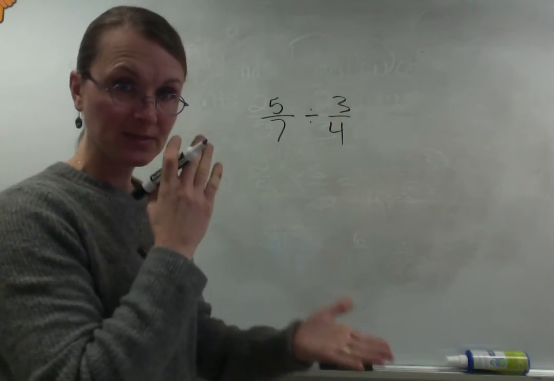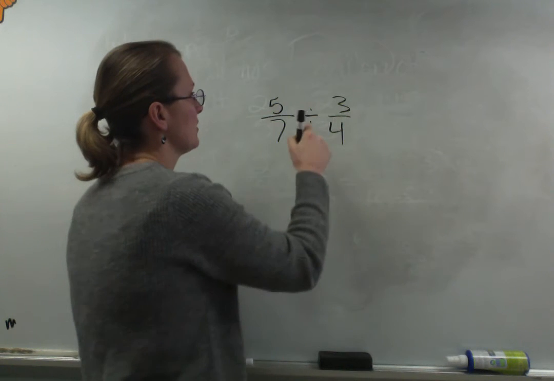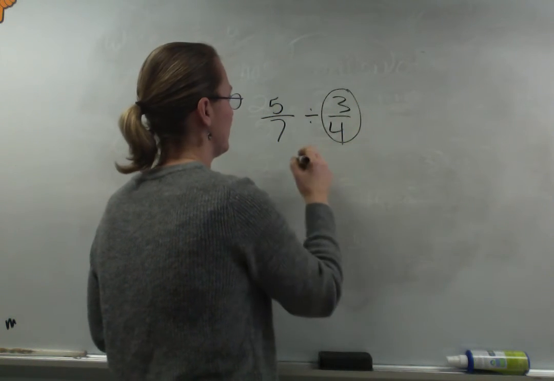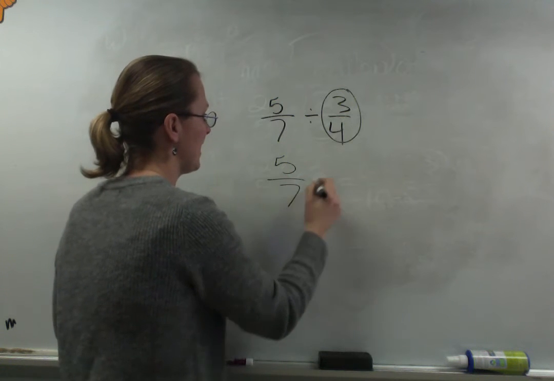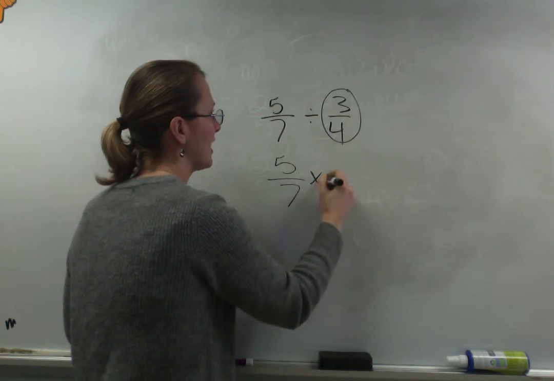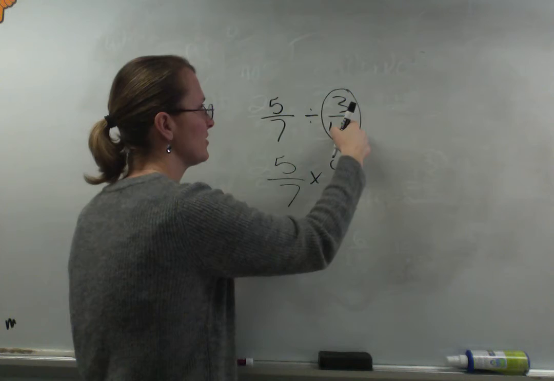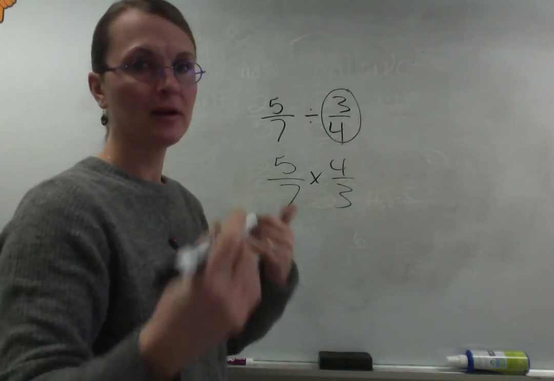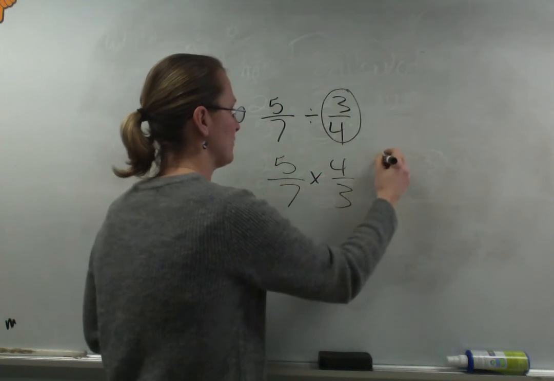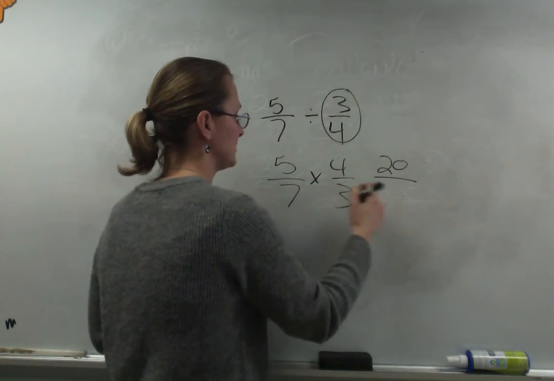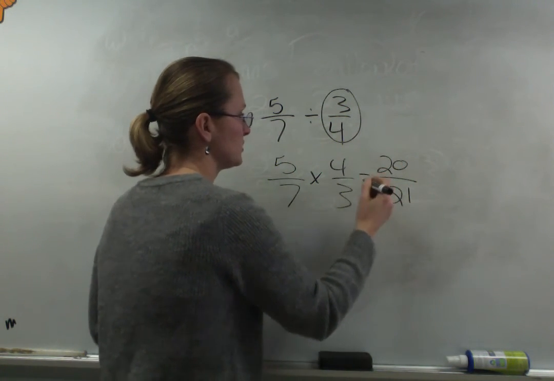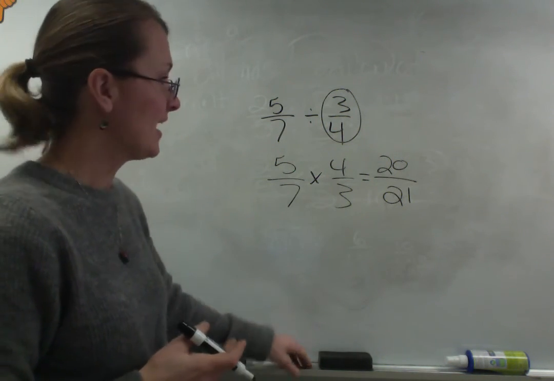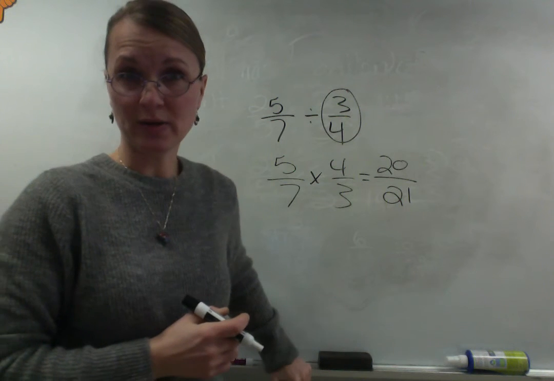So again, when it comes to division, you take the second number and you flip it. So it's going to become 5/7 times 4/3. So you flip the second number and then multiply. 5 times 4 is 20. 7 times 3 is 21. So you get 20 21ths. 21ths are small pieces. 20 of them is a lot. It's almost a whole because 21 21ths would be a whole.